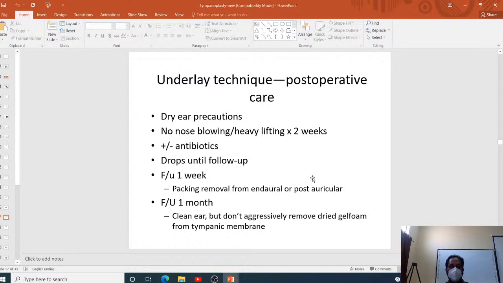The nose should not be blown hard, and the patient should avoid heavy lifting for 2 to 4 weeks. Antibiotics should be used in case of any infection, and antibiotic ear drops should be given. Follow-up will be after 1 week. That is, if there is any pack in the external auditory canal, you need to remove it, and after 1 month you have to clean the ear. Okay, that is about the follow-up.